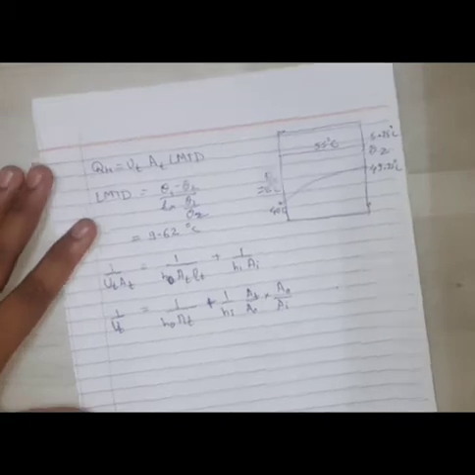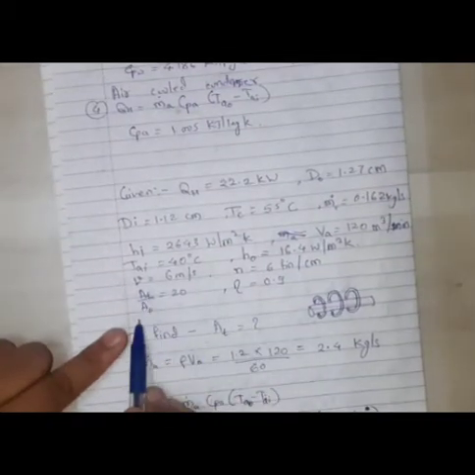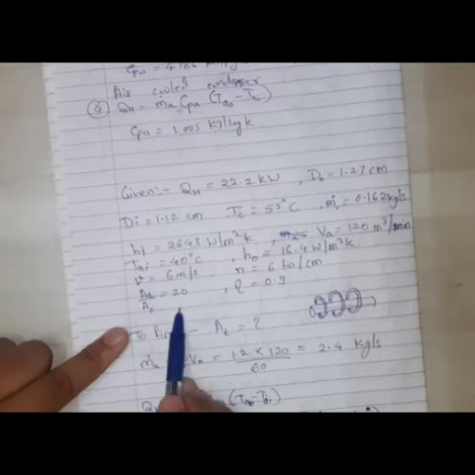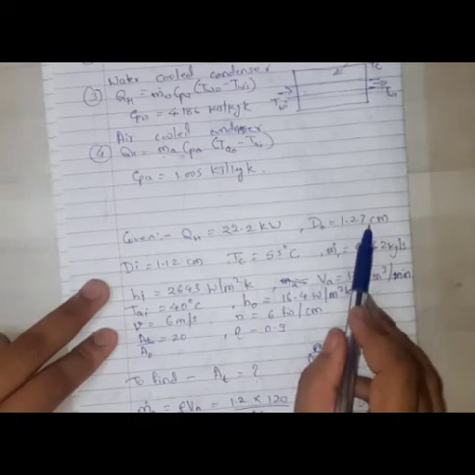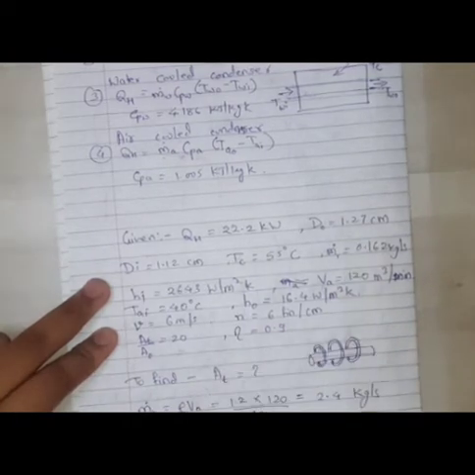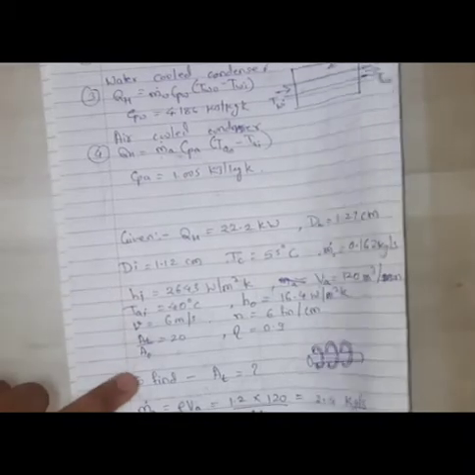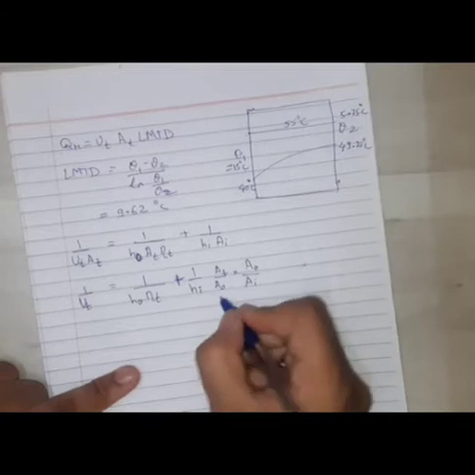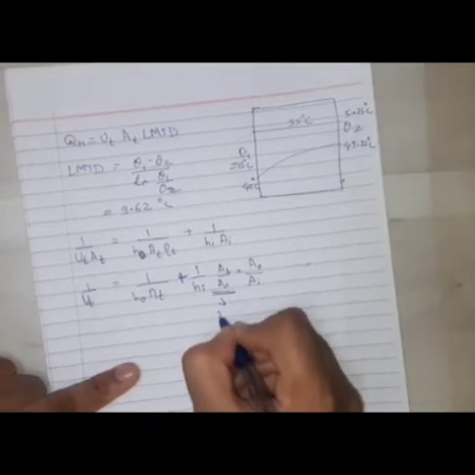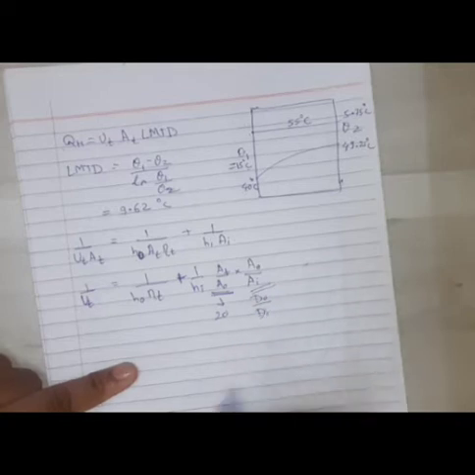Now if we see the given data, we can see AT by AO is given to us as 20, as well as the diameters of the inlet and the outlet of the tube are also given to us, right? So DO, DI is also given to us, and AT by AO is also given to us. So we can replace this AT by AO by 20 and AO by AI by DO by DI.